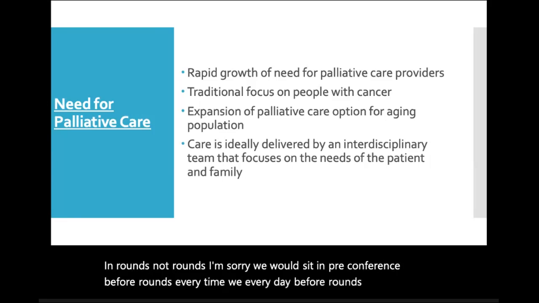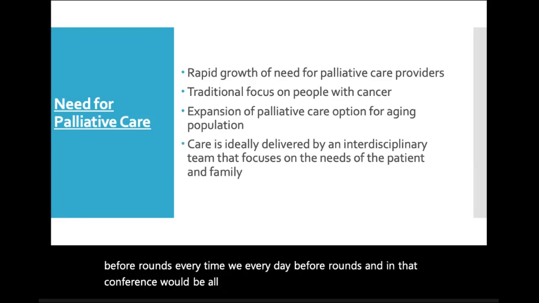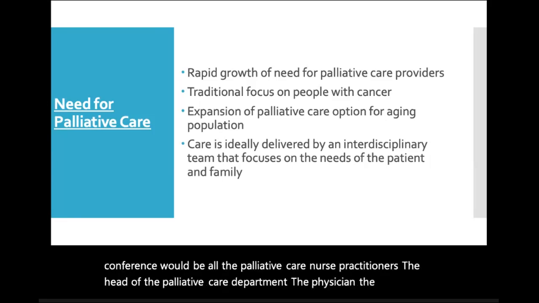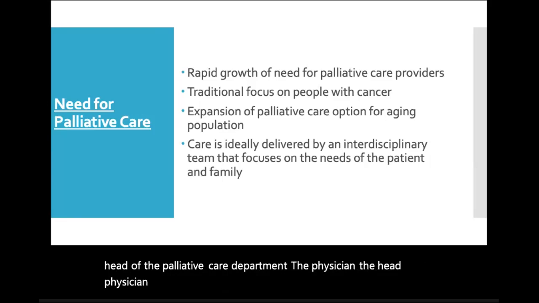And in that conference would be all the palliative care nurse practitioners, the head of the palliative care department, the head physician, the head spiritual minister within the hospital, and then there was a couple of clergymen that would also sit in.